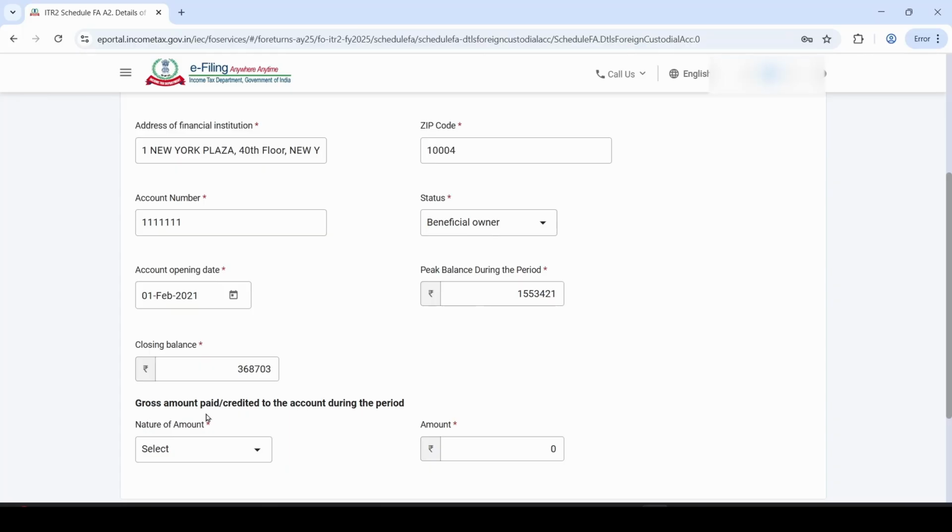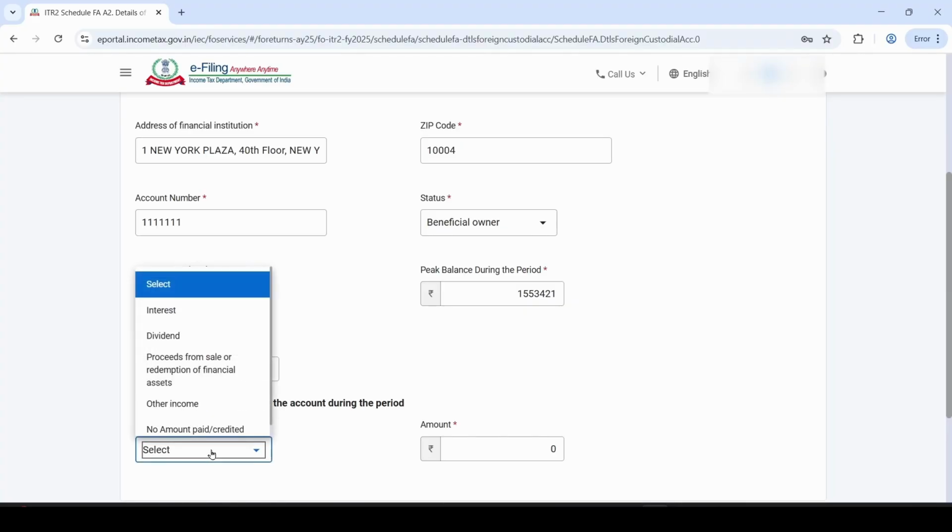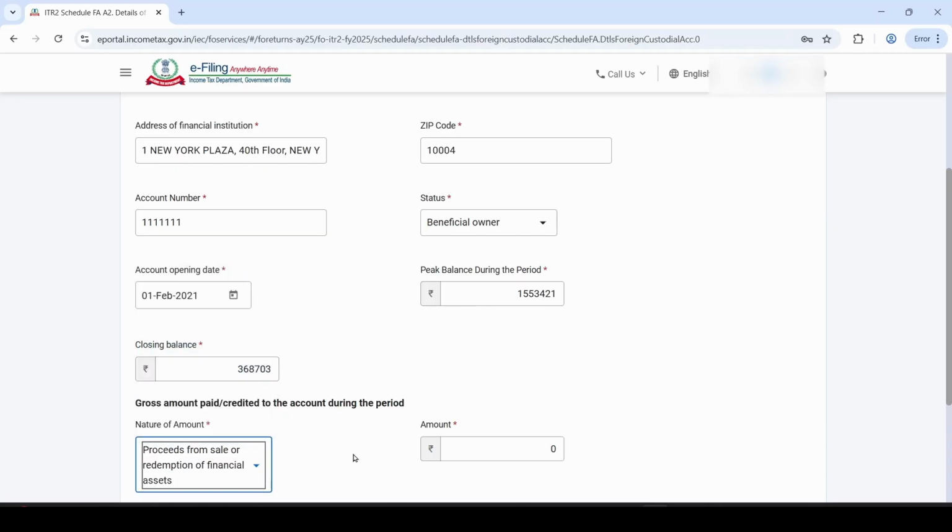Next is gross amount paid or credited to the account during the period. So select nature of amount received. So as per example, we have received dividend income and sale value. So as per me, we need to select sale value because sale value is higher and mention the sale value in INR.